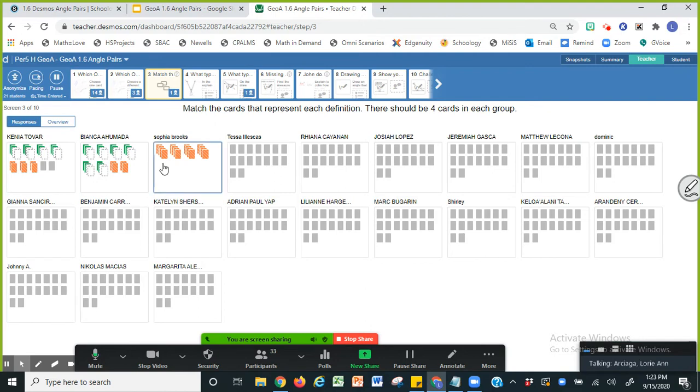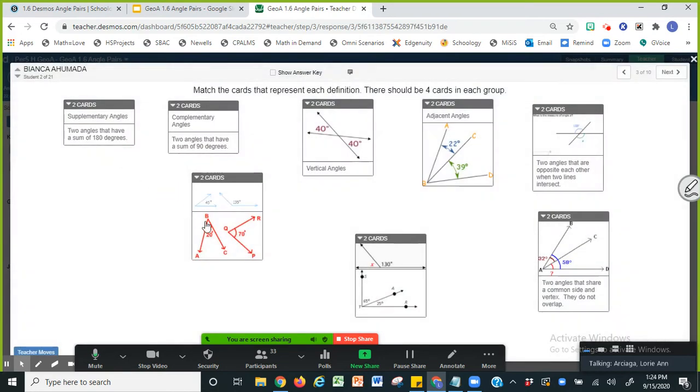And if you guys could look at my screen, if you see a green thing, that means it's correct. But that means there will be, what do you call this, 4 cards in a stack. So match the cards that represent each definition.